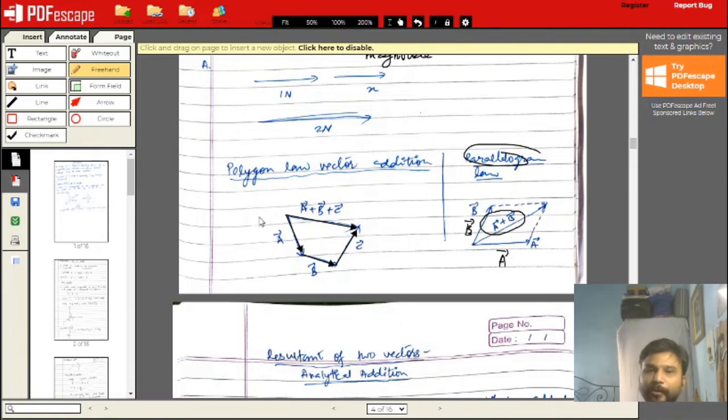For example, a parallelogram is formed like this. So this is a parallelogram. Let's draw one vector here, A vector, B vector.